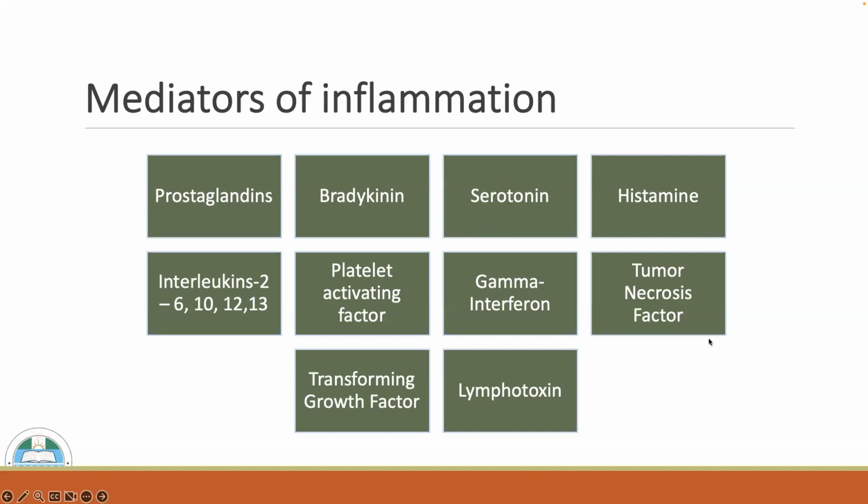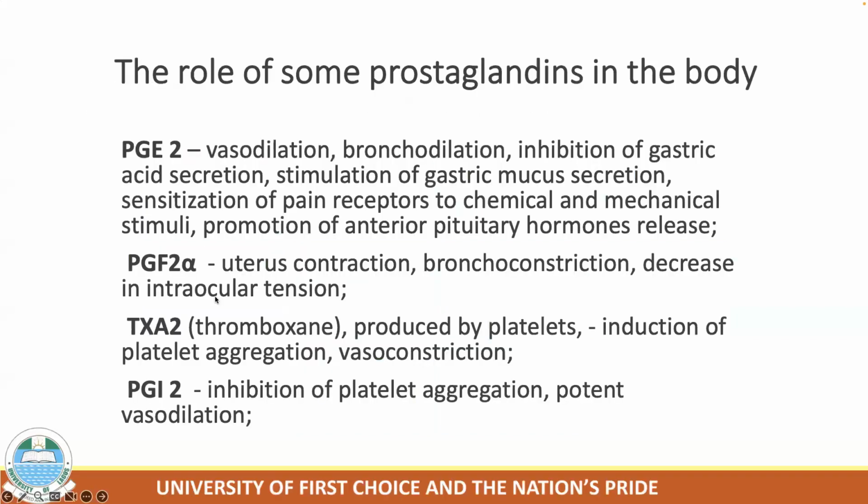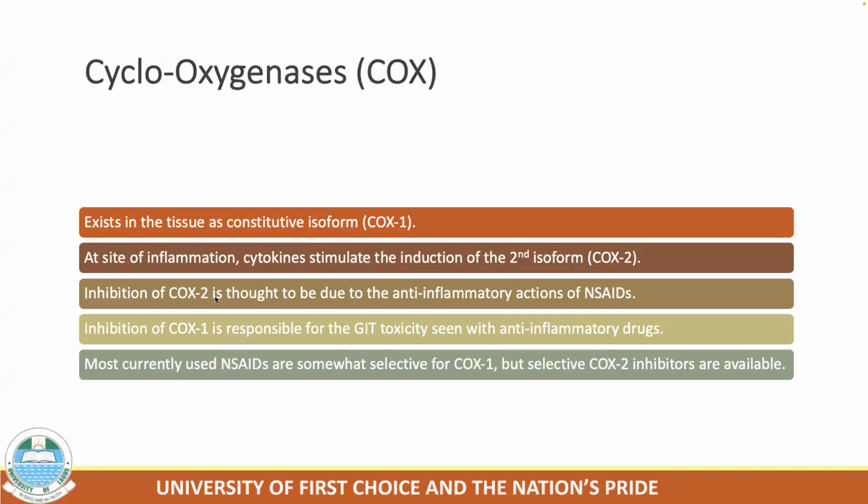And a number of other chemical mediators are also present in the body, supporting prostaglandins as well. These are some of the roles of some of the prostaglandins. We will not dwell on that. I will leave you to read that up.